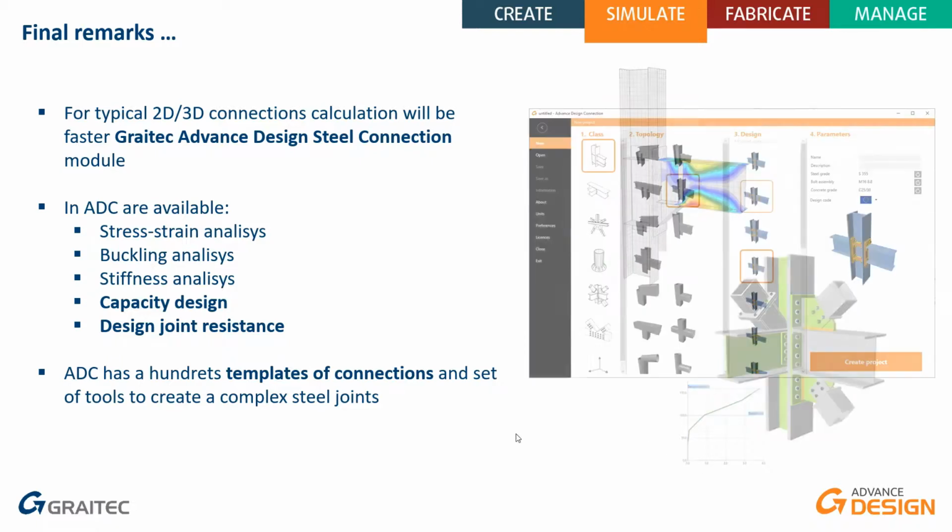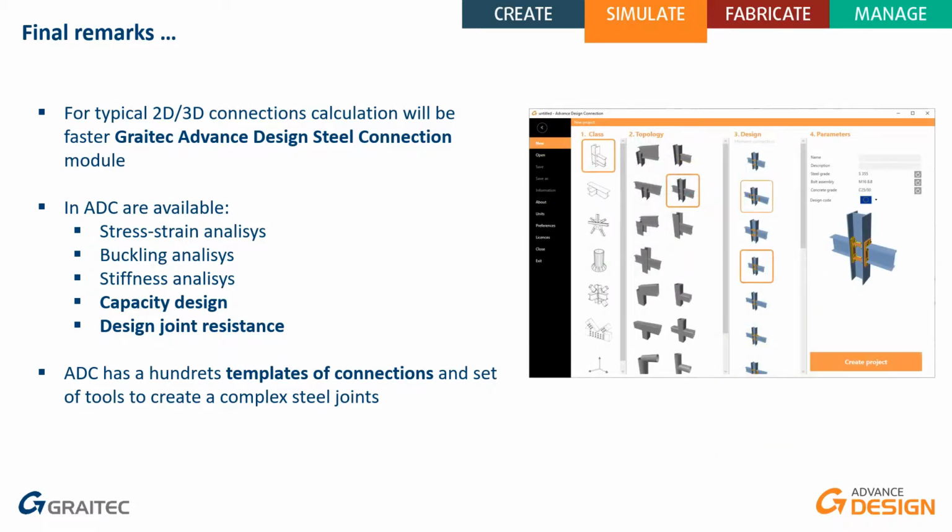And in the 2 examples, I showed how to import connection from Advanced Steel, but in Advanced Design Connection, you can find hundreds of templates of the connection and a set of tools to create your own complex steel connection.